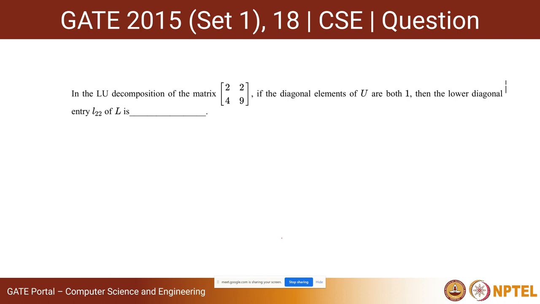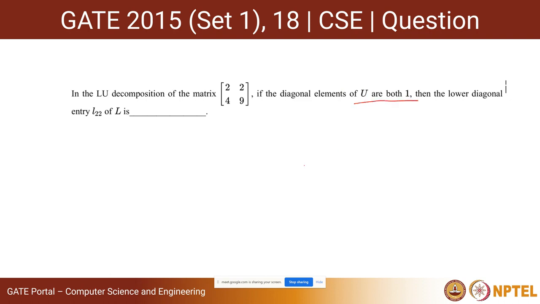From row reduced echelon form you can find the lower triangular matrix, right? And one hint they are giving in the question is that the diagonal elements of U are both 1, right?